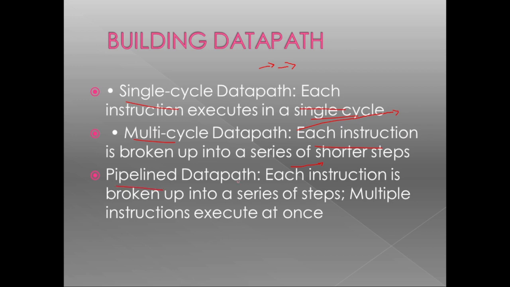Then the pipelined data path: each instruction is broken into a series of steps, and multiple instructions are executed at once. In the pipelined data path, the given instruction is first segregated into two or many parts. Afterwards, those broken instructions are executed at the same time.